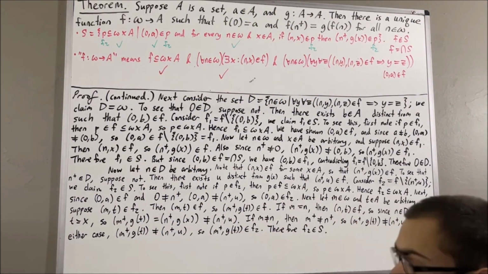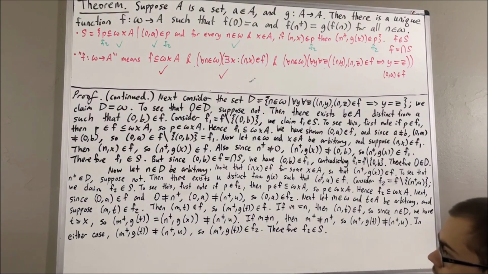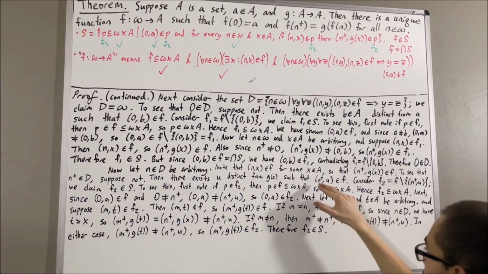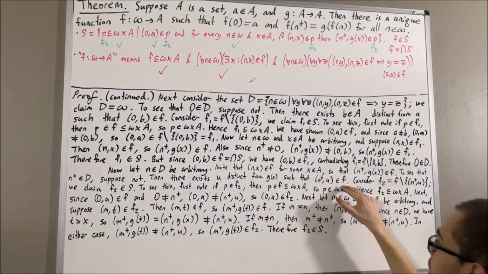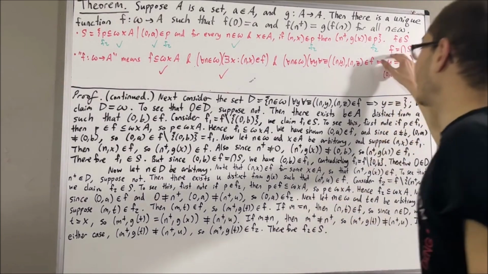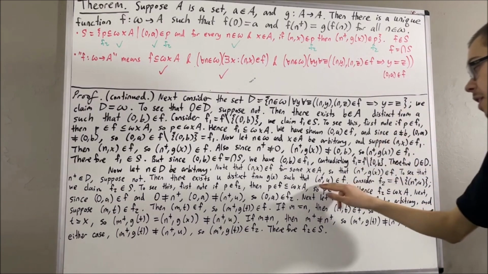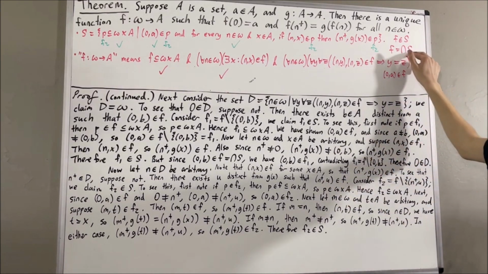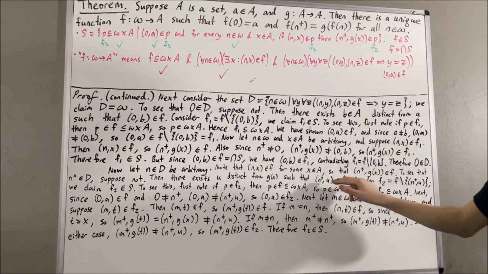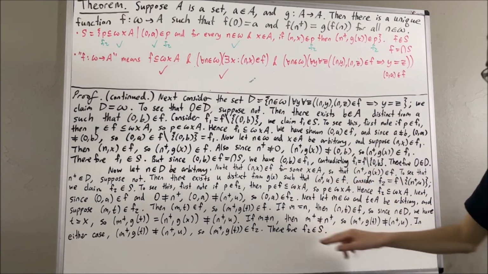But now here's where we reach the contradiction. Since the successor of n comma u is an element of F, and F is the intersection of all sets in S, well, that means successor of n comma u belongs to every set in S. So in particular, successor of n comma u must belong to F2.